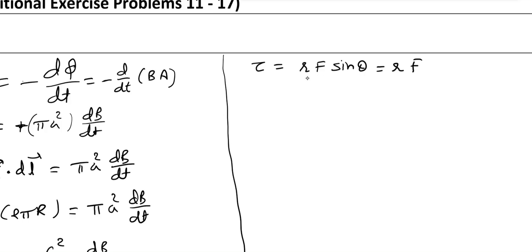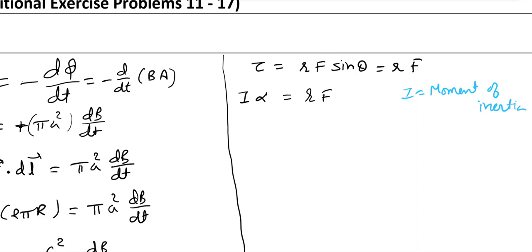You can verify from the figure direction. We know that tau is also I alpha, so I alpha equals R F. Don't forget here that I is the moment of inertia, not the current.